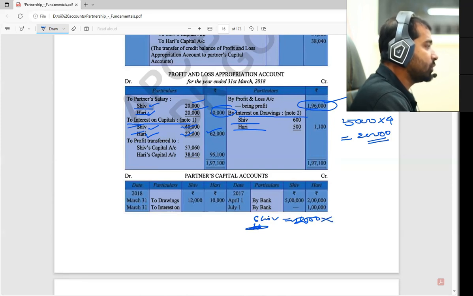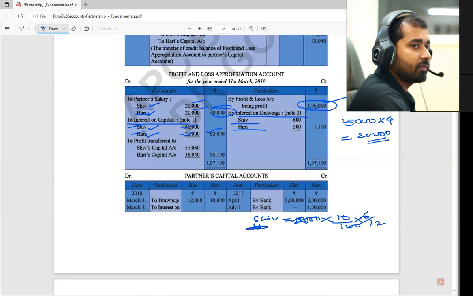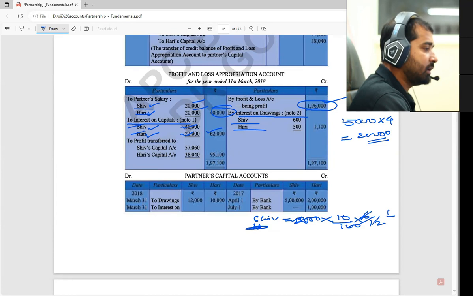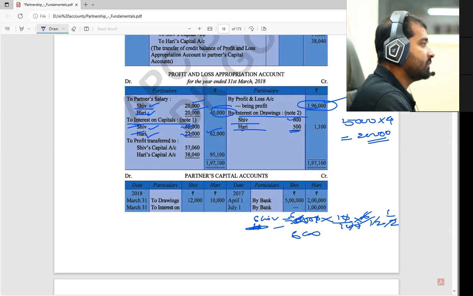Now 12,000 into 10 by 100, since the date is not mentioned, into 6 by 12. Cutting the zeros, 6 and 2 and 12, so 600 rupees for Shiv and 500 rupees for Hari.